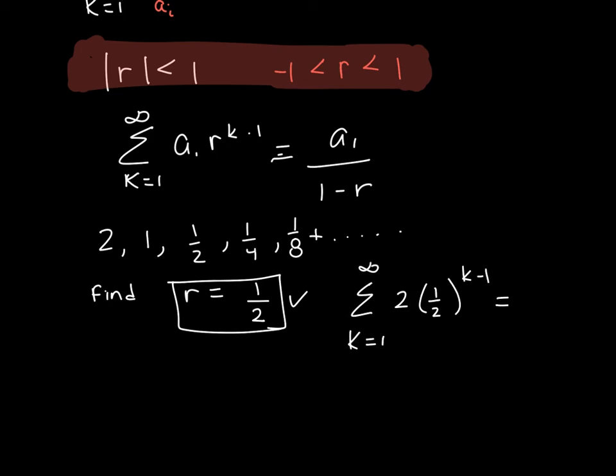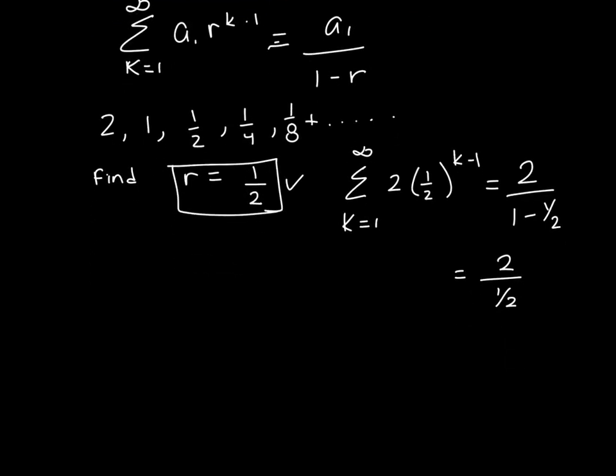And again, where did I get that formula from? The first term is 2, so that is where this is. My ratio is 1/2. So I know that as it goes to infinity, if I add it all up forever, that will equal the formula of a1, which is 2, over 1 minus my ratio, which is 1 minus 1/2, or 2 over 1/2. 2 over 1/2 is the same thing as saying 2 divided by 1/2, or 2 times 2.